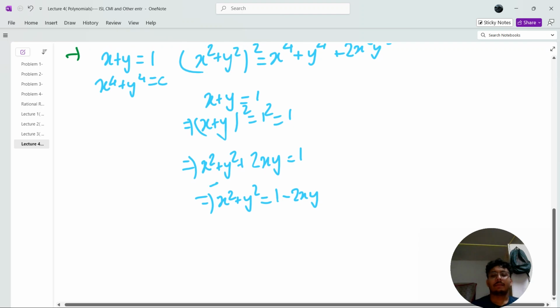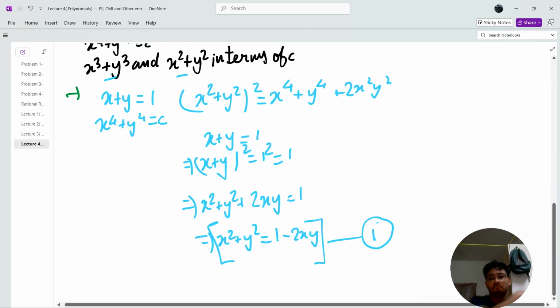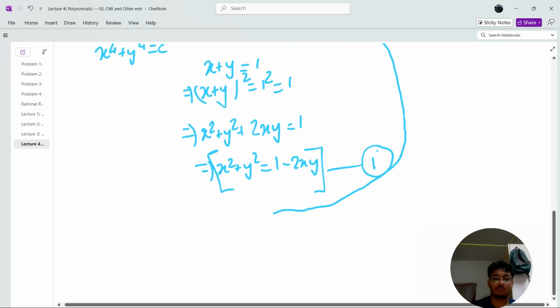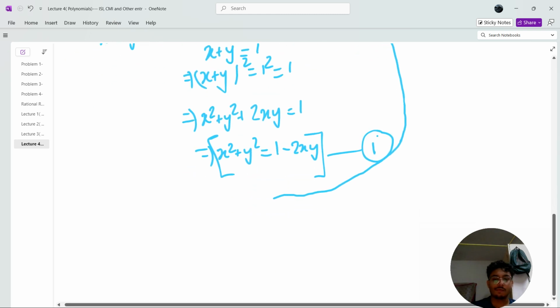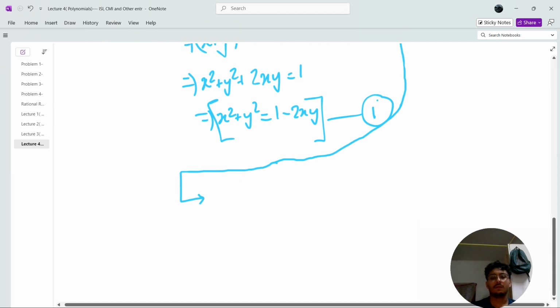This is what I am getting for my x square plus y square. Let it be named equation 1. Now what can I do? I will be substituting equation 1 in this equation.